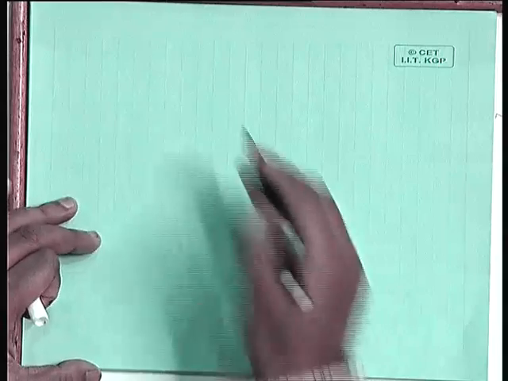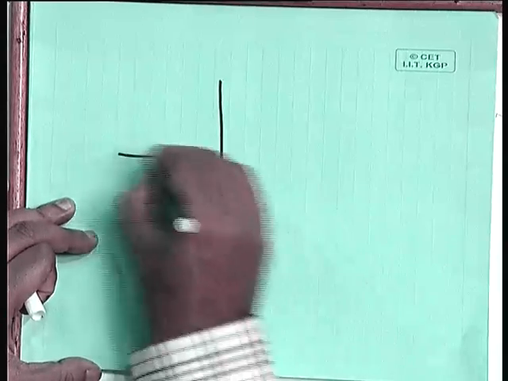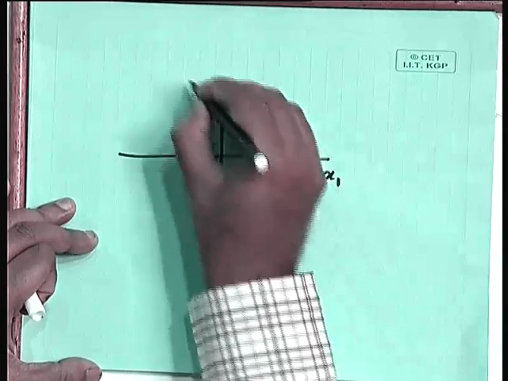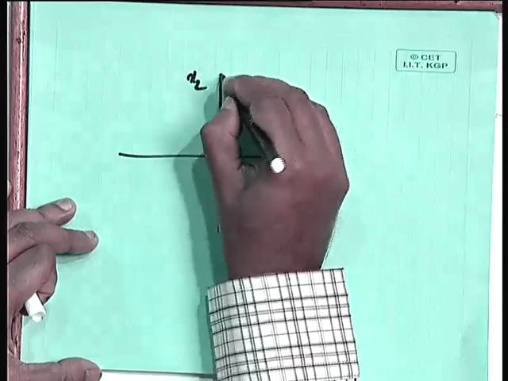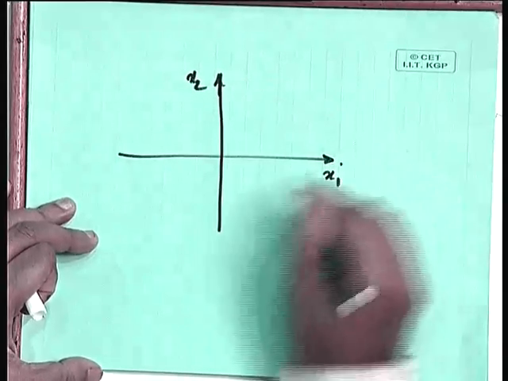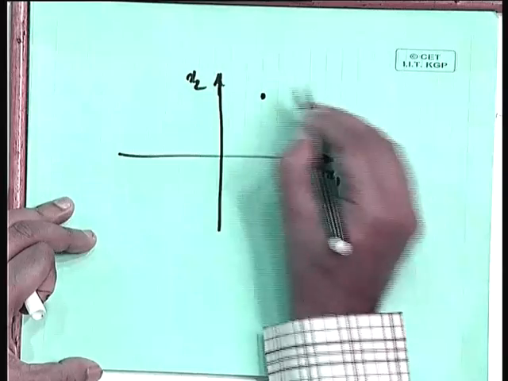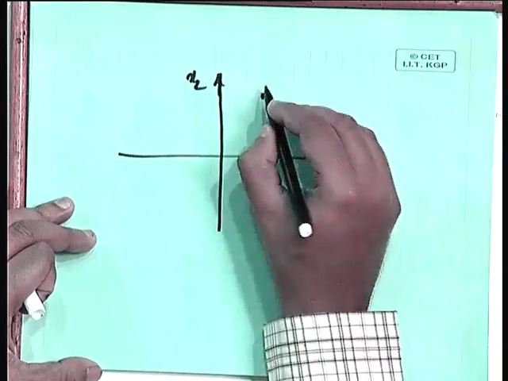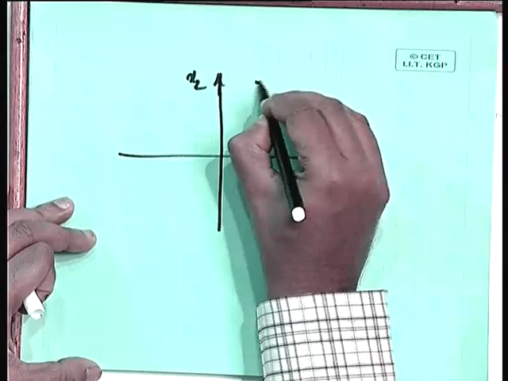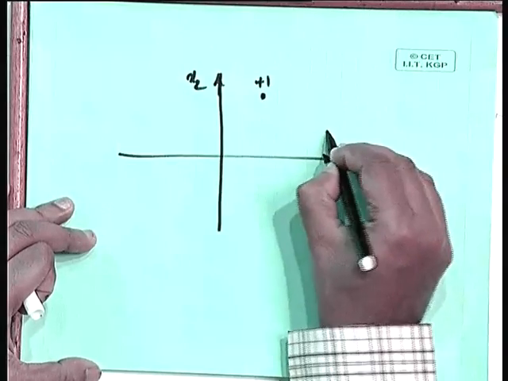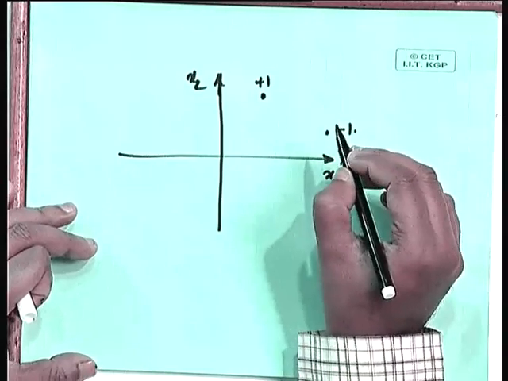Again we take the x1 x2 space, and here we take this as a pattern which gives +1 and this as a pattern which gives -1.